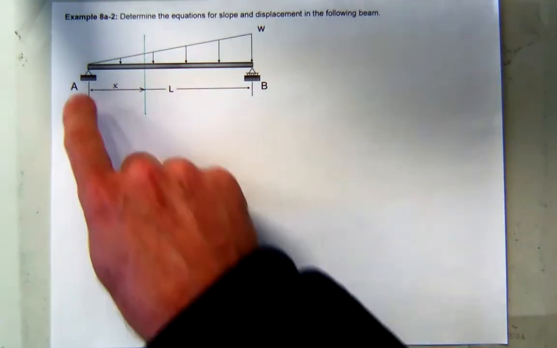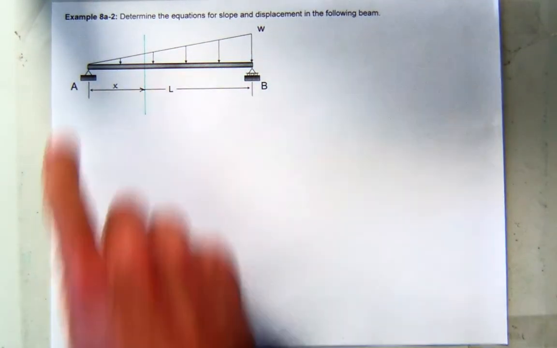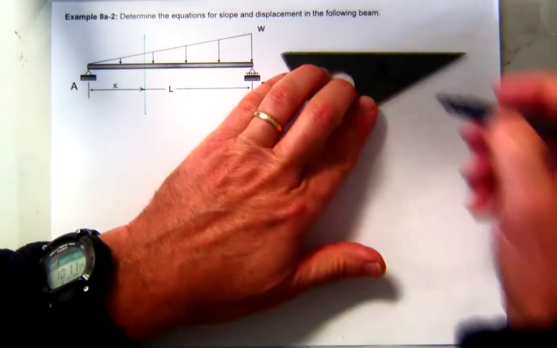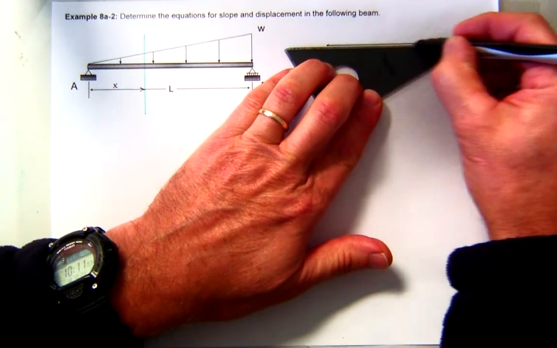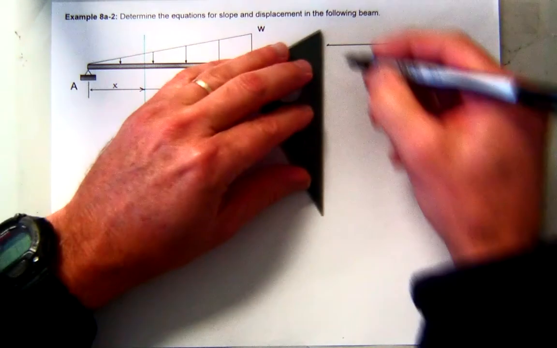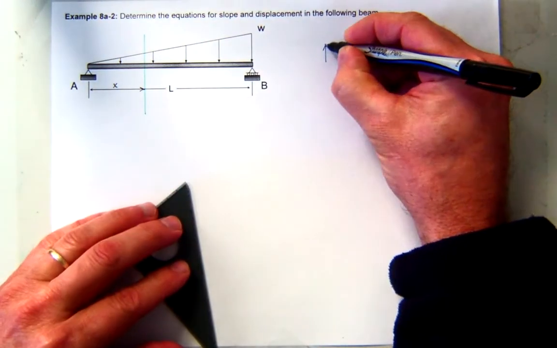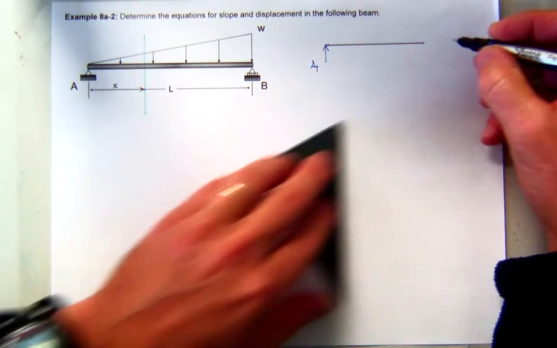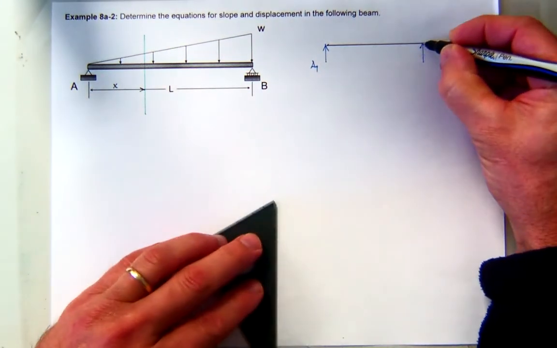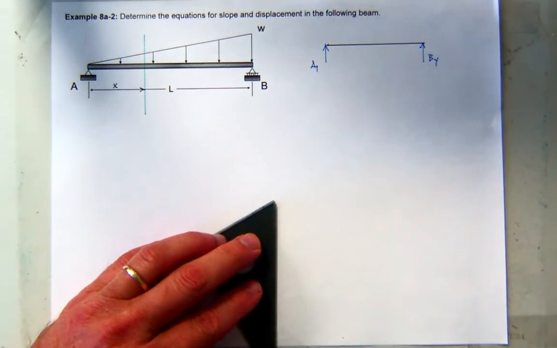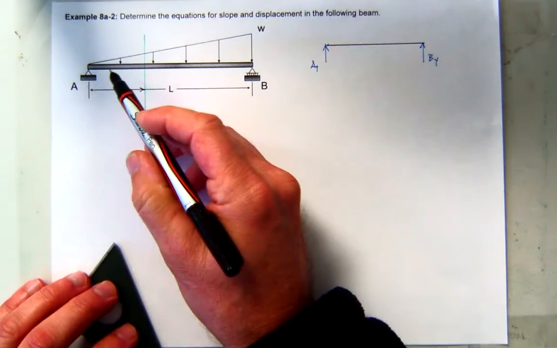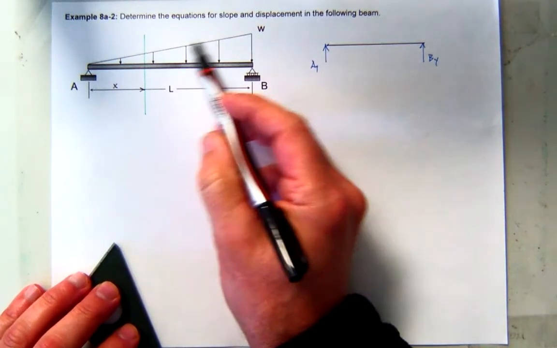And when you do that, we're going to need the reaction at A. So just like we did before, let's draw a free body diagram of the structure. I'll assume a direction for AY and BY, and then we'll find the concentrated equivalent of this distributed load, which is a triangle.